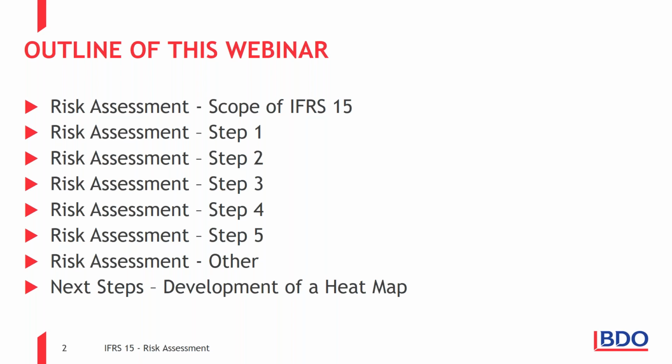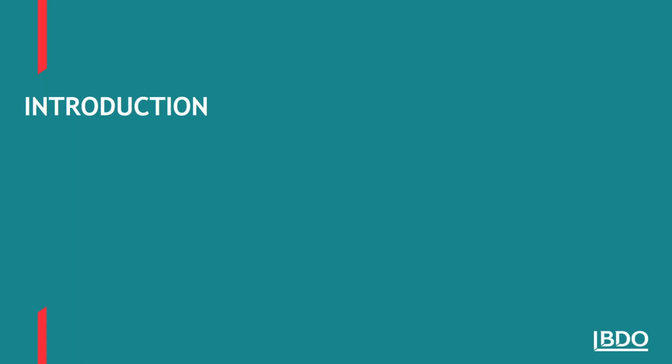We'll end off by looking at a risk assessment around some other areas like principal, agent, etc. And then right at the end, we'll highlight some next steps, and we'll give you some suggestions to develop a heat map for your organization to focus your time and effort, and therefore money, on the problem areas according to that heat map. So that's really what we plan to do today.